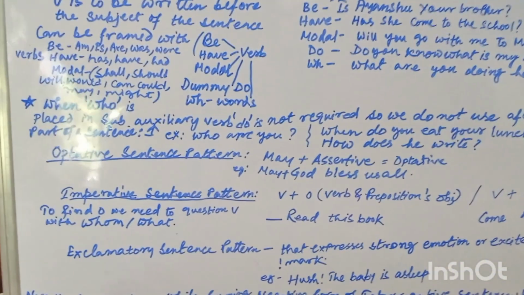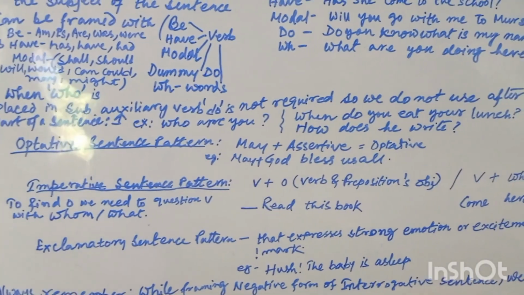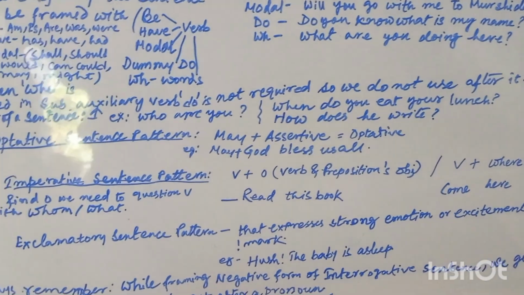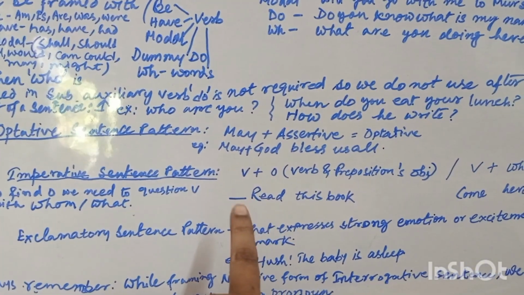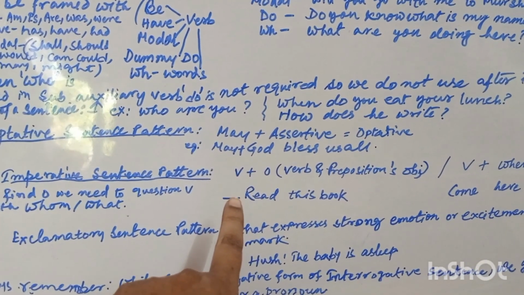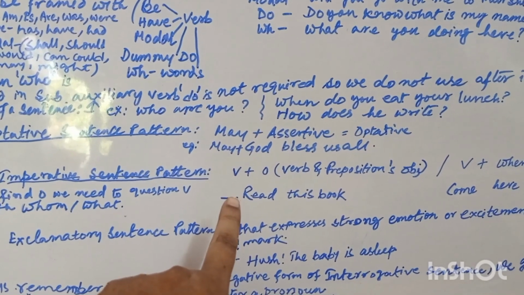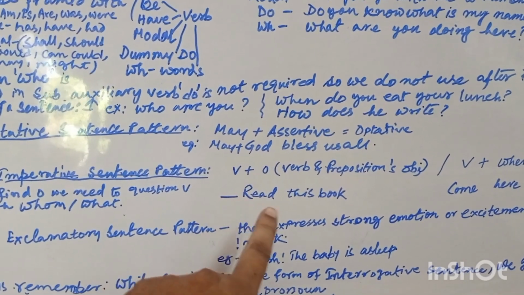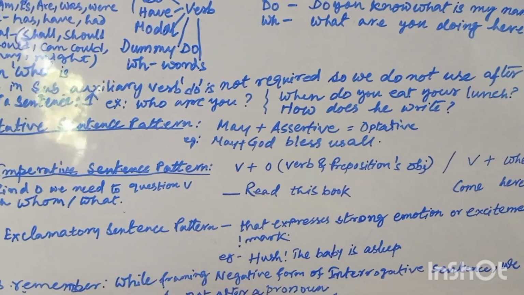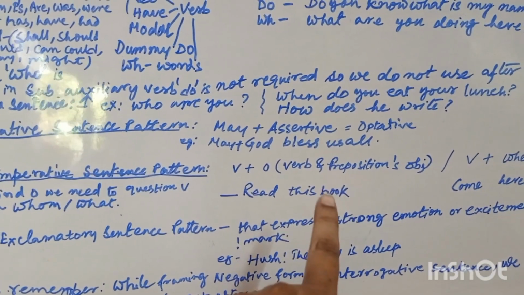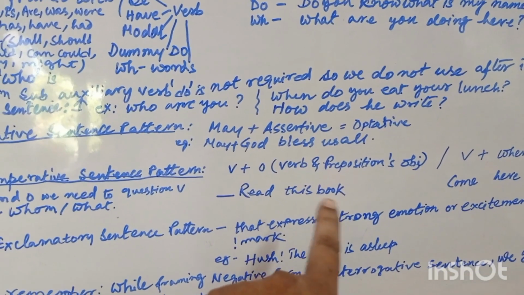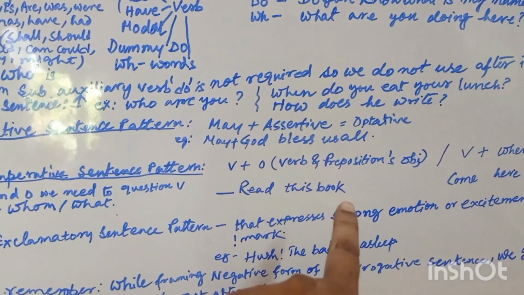And now we will see imperative sentence pattern. So let's see what is there in the imperative sentence pattern. See here, the subject is not mentioned. Subject is absent here, but we can draw the inference that subject is meant. If I say read this book, see, read is the verb, and this book is used here as a demonstrative adjective.